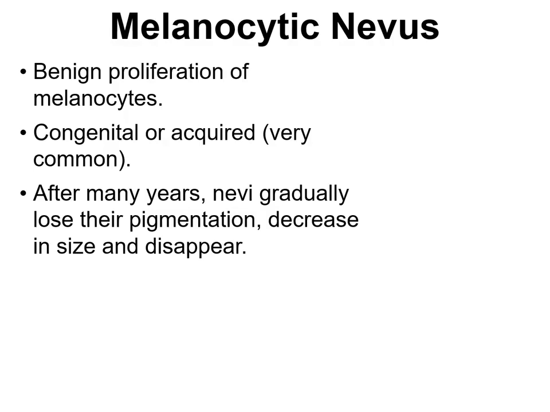What is meant by maturation of melanocytes? The melanocytes decrease in size over time and migrate from the surface of the lesion to the base of the lesion, become more spindled and lose their pigmentation. It is very rare for nevi to be malignant.